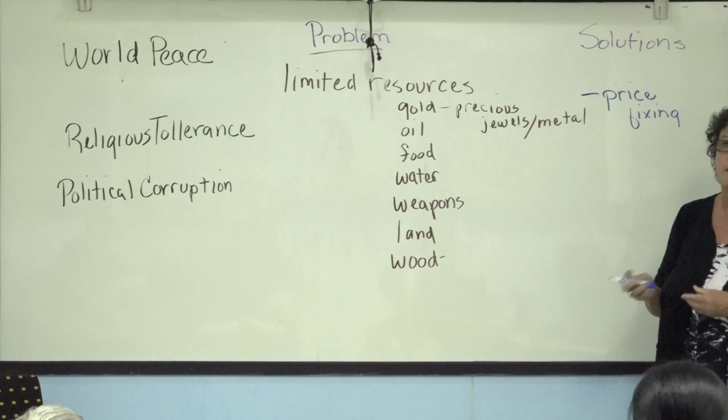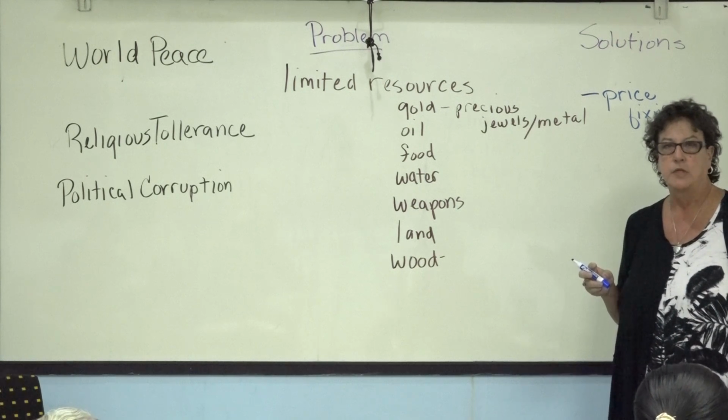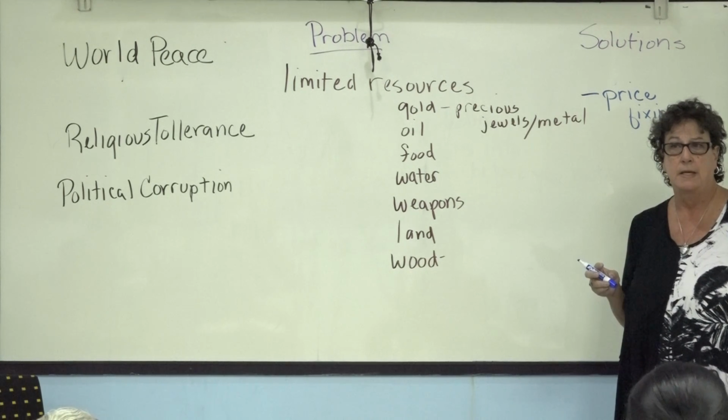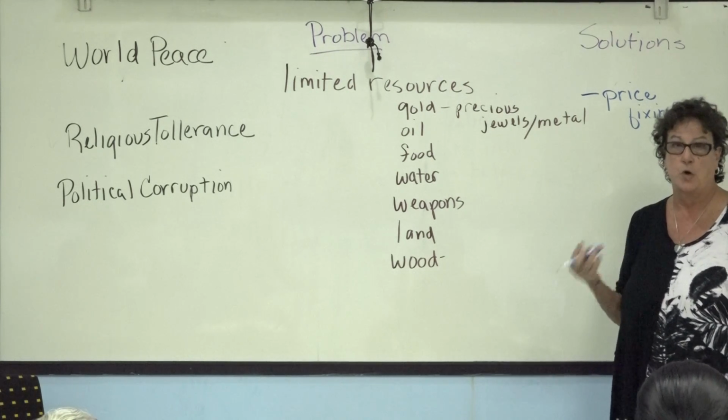One of the things that have been fought about for years has been what they refer to as blood diamonds in Africa. They were diamonds that people fought over.